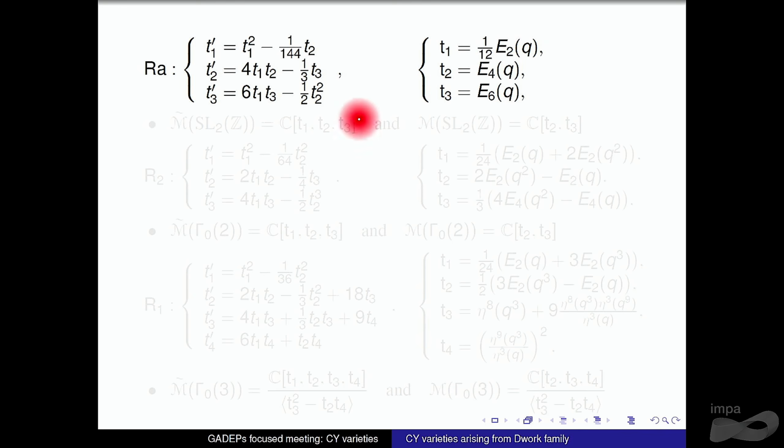And we know that the solutions are E2, E4, and E6. I think Jose wrote the Eisenstein series, so I'm not going to write it again. The solutions of the system are modular forms, or better, quasi-modular forms, because E2 is quasi-modular and E4 and E6 are modular forms.